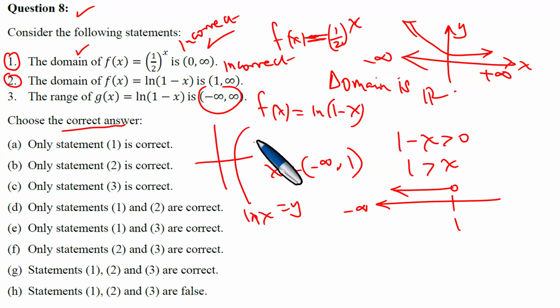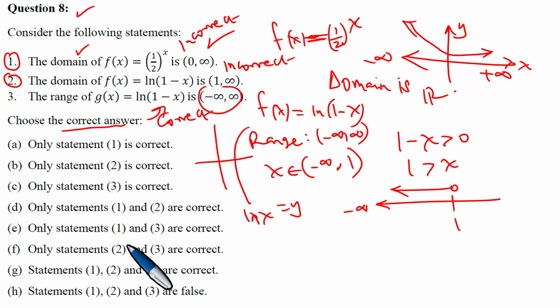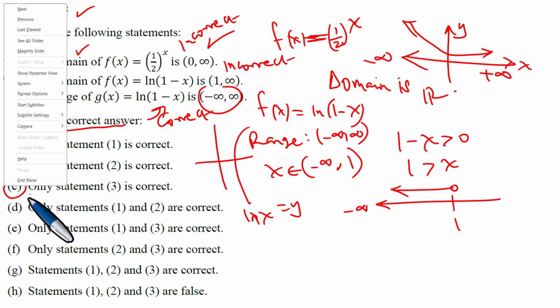And the range would be minus infinity to infinity. So that now, indeed, this one here is correct. In other words, number 3 is correct. And therefore, the correct option is that only 3 is correct.